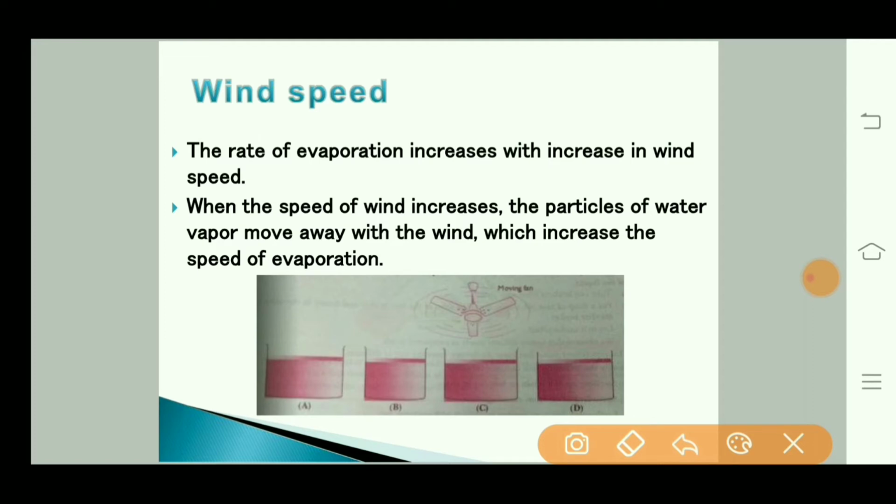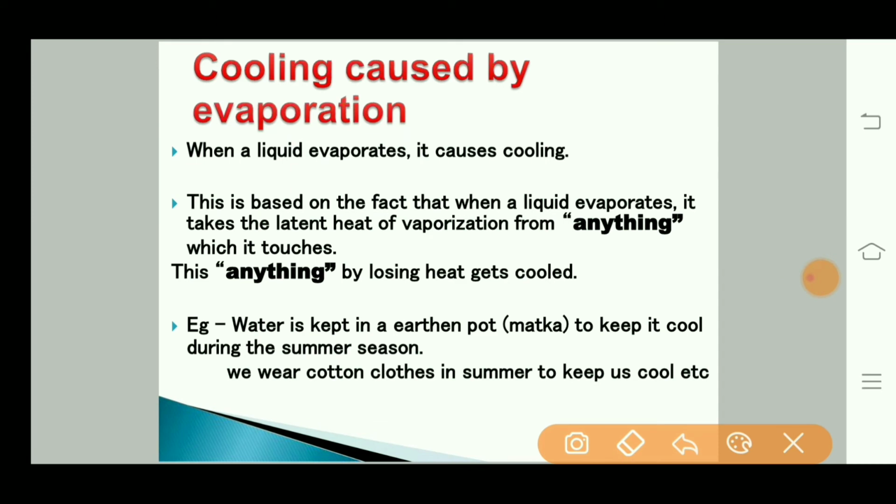Now we will discuss the cooling effect caused by evaporation. Students, we have the next topic, cooling caused by evaporation. When a liquid evaporates, it causes a cooling effect.